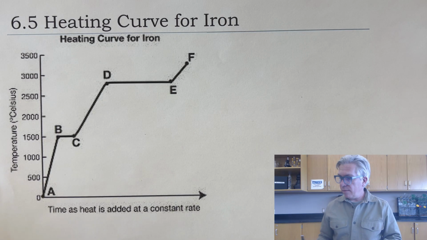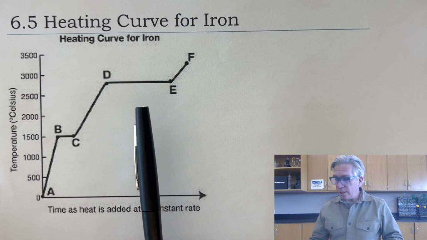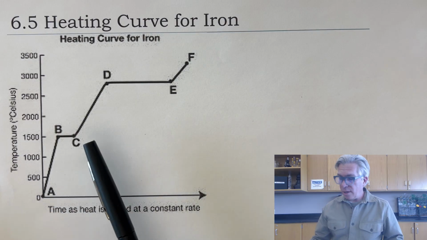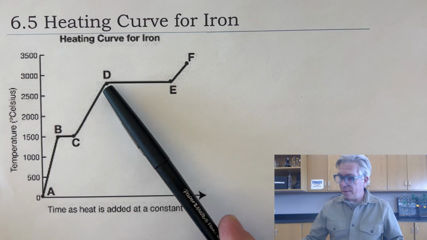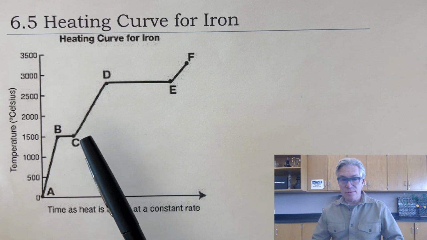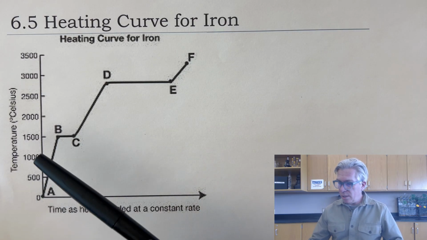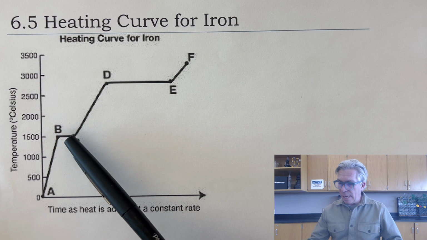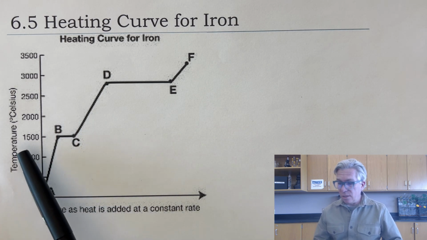Here we have the heating curve for another substance, in this case iron, as opposed to water. And I want you to notice how similar this graph is to the one we saw for water. It actually has 5 linear segments on it, so it's not really a curve, it's more of a set of segments. But there's some differences as well. One is that the first flat part of the graph happens at around 1500 degrees Celsius.